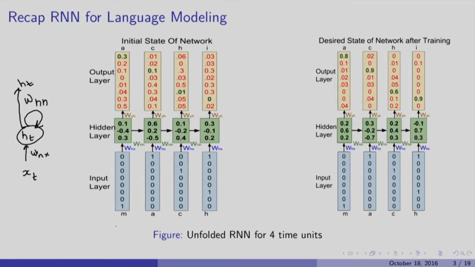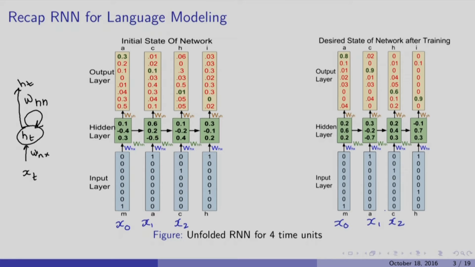What we have done here on the right hand side is unroll this network, the initial state of this network and the desired state of this network in its unrolled form. So both in the initial state and the desired state, the input x0 is m, x1 is a, x2 is c and so on.